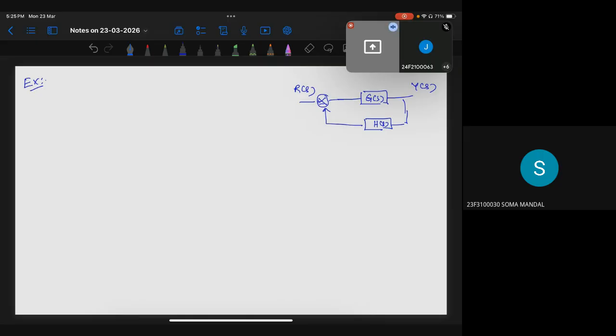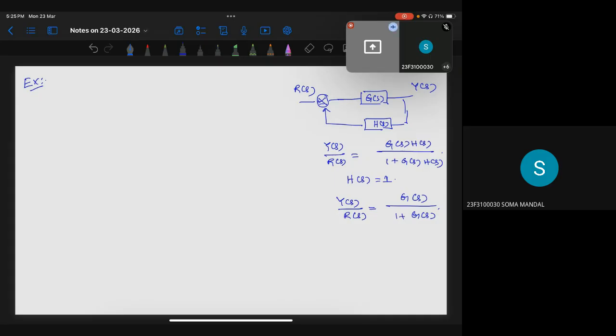What is Y(s)/R(s)? Can anyone tell me? You will get G(s)H(s)/(1 + G(s)H(s)). Correct. Let us take H(s) equal to 1. So what is Y(s)/R(s)? It is G(s)/(1 + G(s)). Correct?